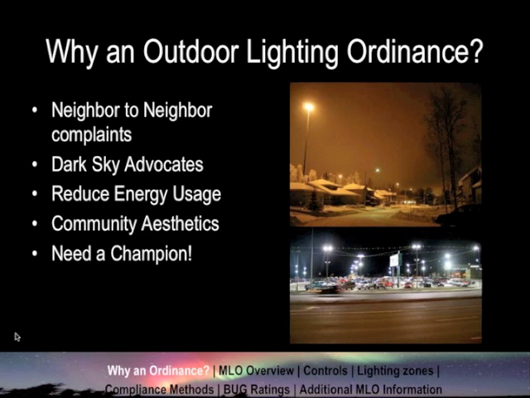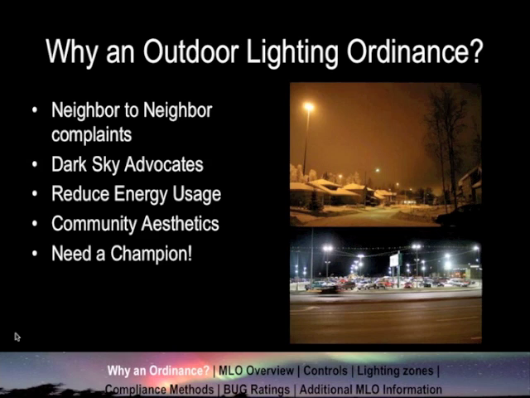But regardless of what your purpose for an outdoor lighting ordinance is, you need some champions within the city to actually shepherd it through. This may start with the planning board, or sometimes it's even started with the city council. And working down, it could be that a neighbor has complained about the outdoor lighting and the city council has gone to the planning board and the planning staff and said, hey, do you know anything about it?